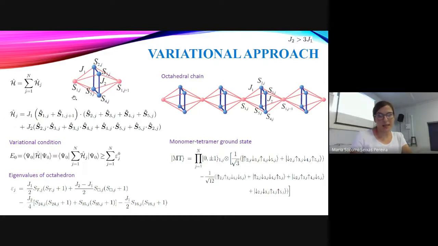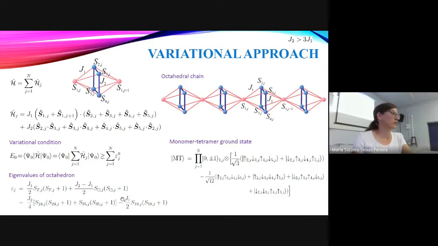This method then allows us to obtain a lower bound for the lowest energy state of the Heisenberg octahedral chain, which is in this case the sum of the lowest energies epsilon J0 for a single octahedron.